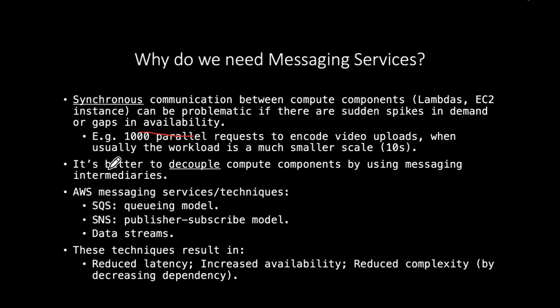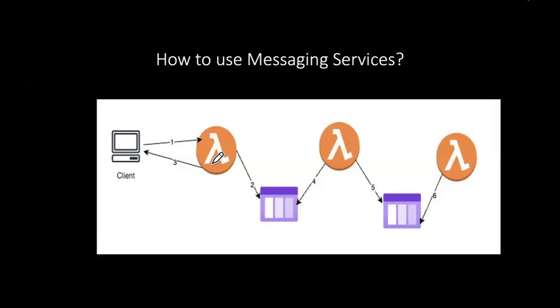In the case of AWS, there are a number of messaging services available to us: SQS, SNS. There's also something called data streaming, which we'll briefly look at at the end. So maybe I'll go on to the next slide. The idea now is, if we stick with the video, this component receives the video and stores it in an S3 bucket.